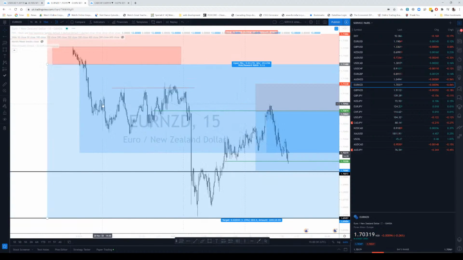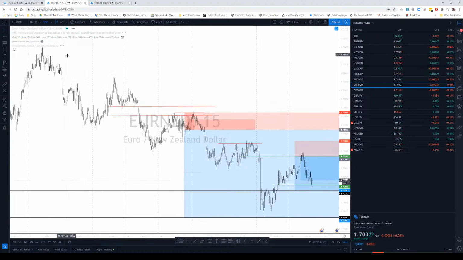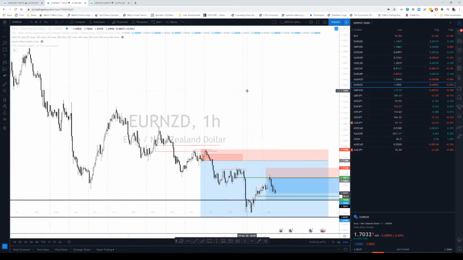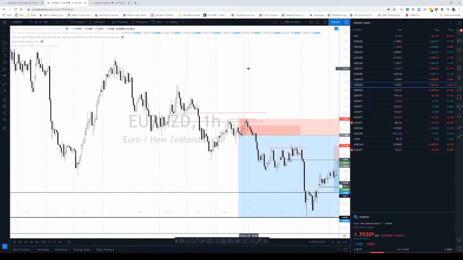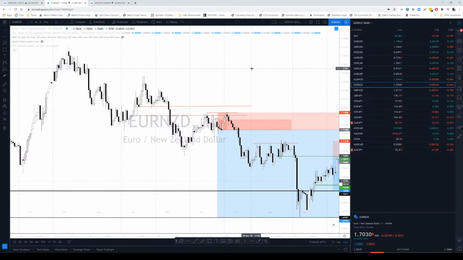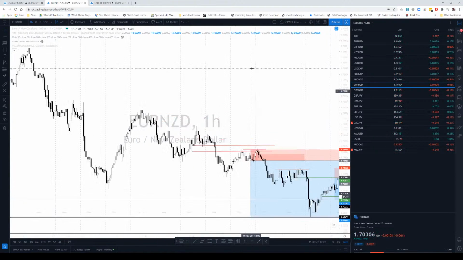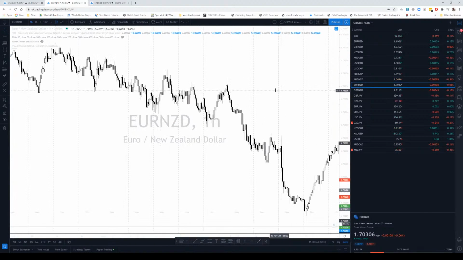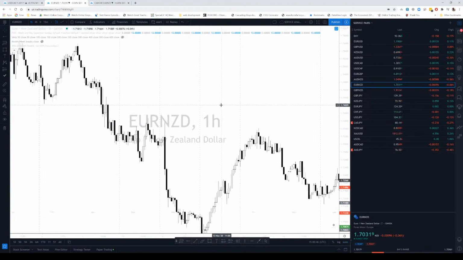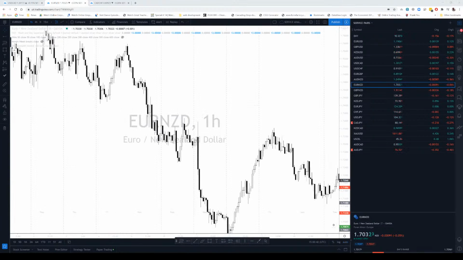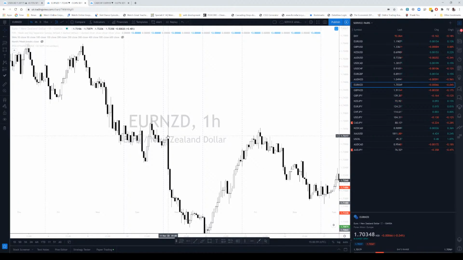Right, let me show you another one on Euro New Zealand. Here. Okay, so this is another wick. So this is another wick in here.